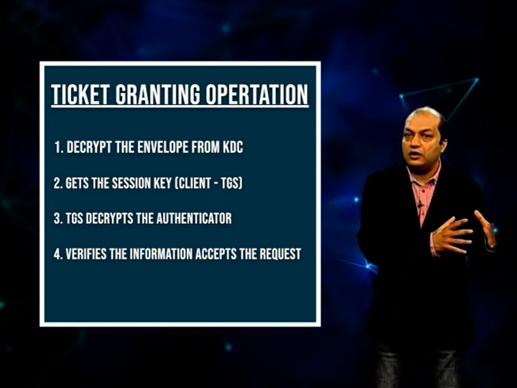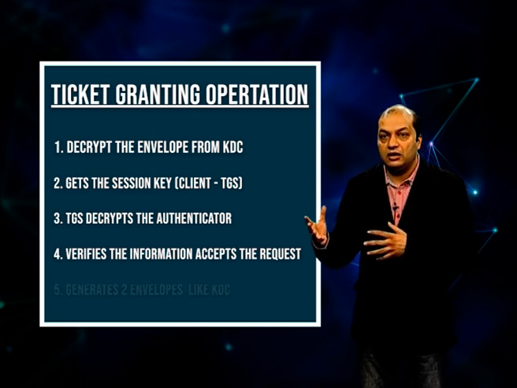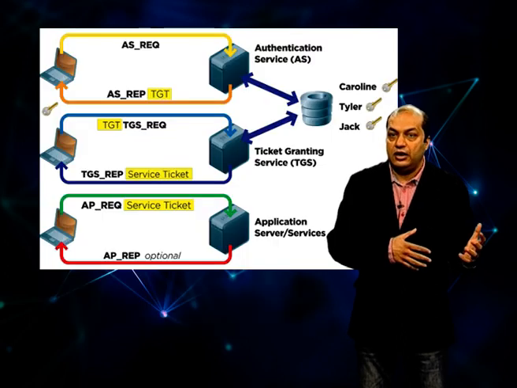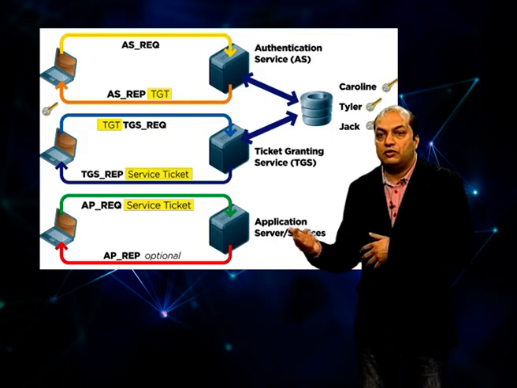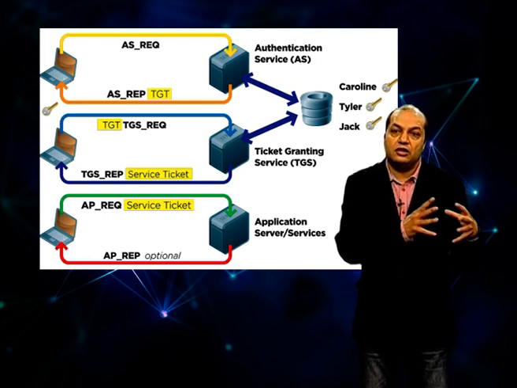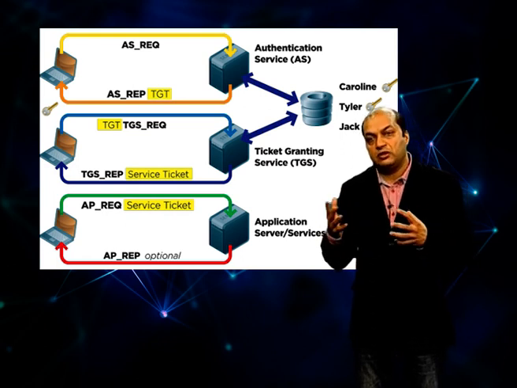The ticket granting server accepts the request, and after that, just like the KDC, it also generates two envelopes, one of which is for the client and the other for the application server. The first envelope contains a session key which is used between the client and the application server.